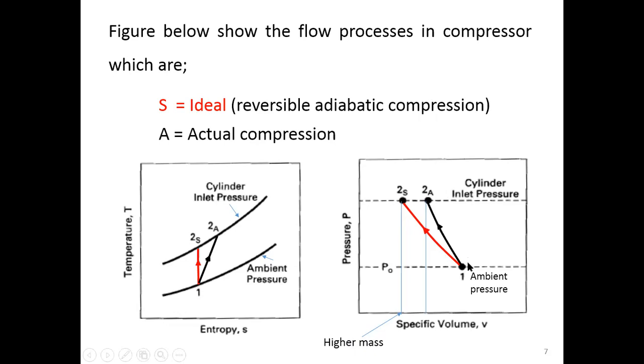So the isentropic process usually goes further to the far left than the actual one when you draw it on the pressure and specific volume diagram. Okay.